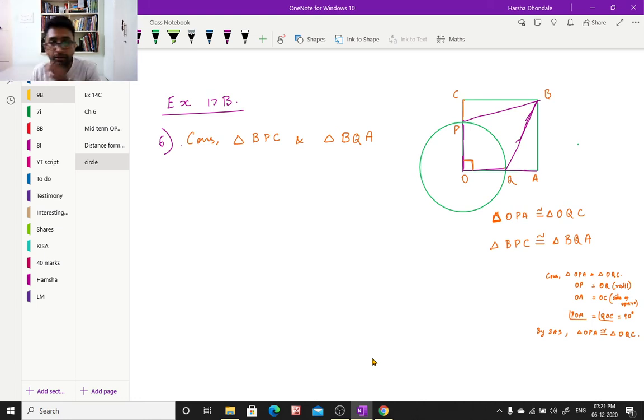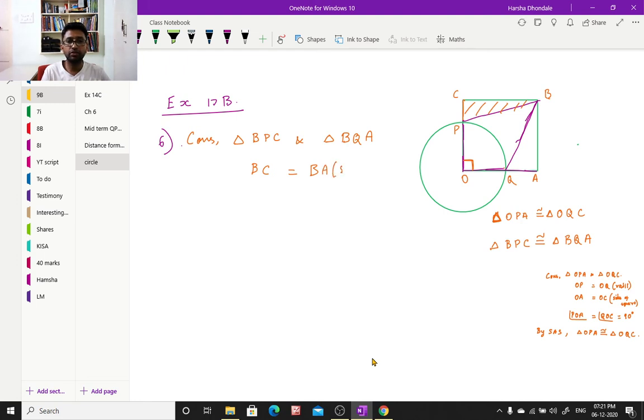Yes, got it. Here what I will do is, when I consider these two triangles, I'm comparing this triangle and then this triangle. So in triangle BPC, BC is equal to BA. Why?